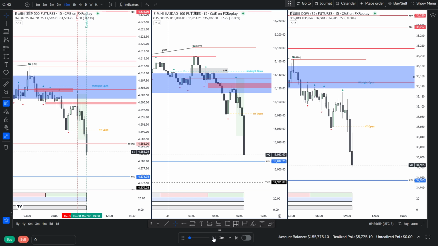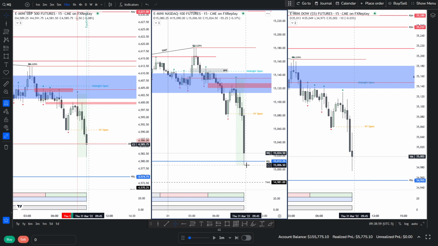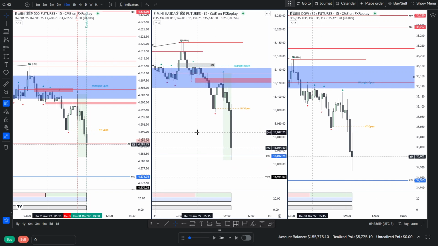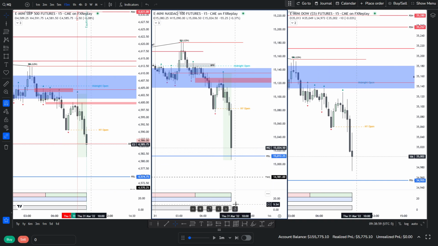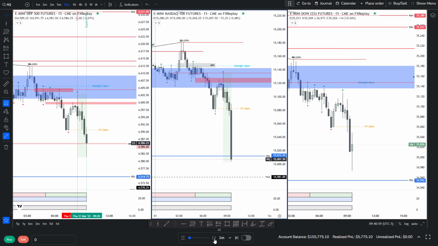This is where it gets really interesting. Okay, so want to see a deeper purge, if I'm honest, on NQ, but let's see. That's a far deeper purge now.